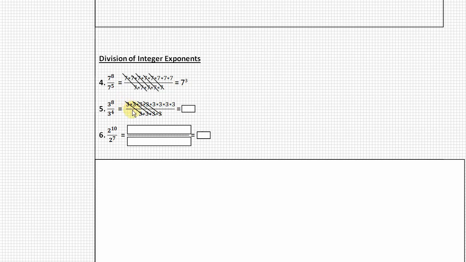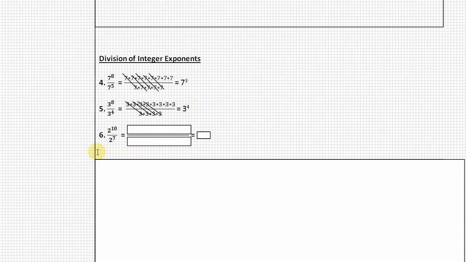So once we get done canceling the pairs of the same values, 3 divided by 3 is 1, 3 divided by 3 is 1, so on and so forth 4 times, all we're left with is 3 times 3 times 3 times 3. Well, that can be simplified to being 3 to the 4th power. So 3 to the 8th power divided by 3 to the 4th power becomes 3 to the 4th power.